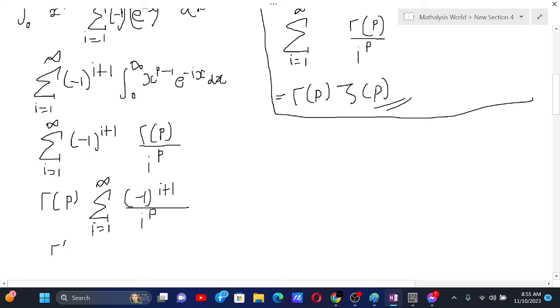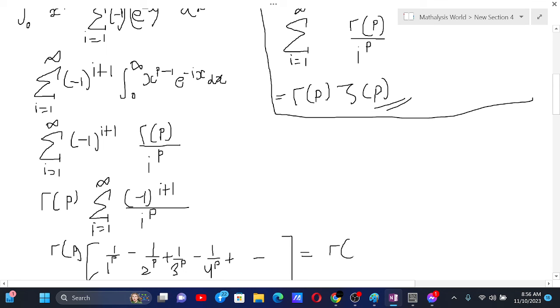If you want to see how it looks, it is 1 by 1 to the power p minus 1 by 2 to the power p plus 1 by 3 to the power p minus 1 by 4 to the power p, and so on. So this is actually the Dirichlet function. So this gives us gamma of p times the Dirichlet function of p. So this proves the result.